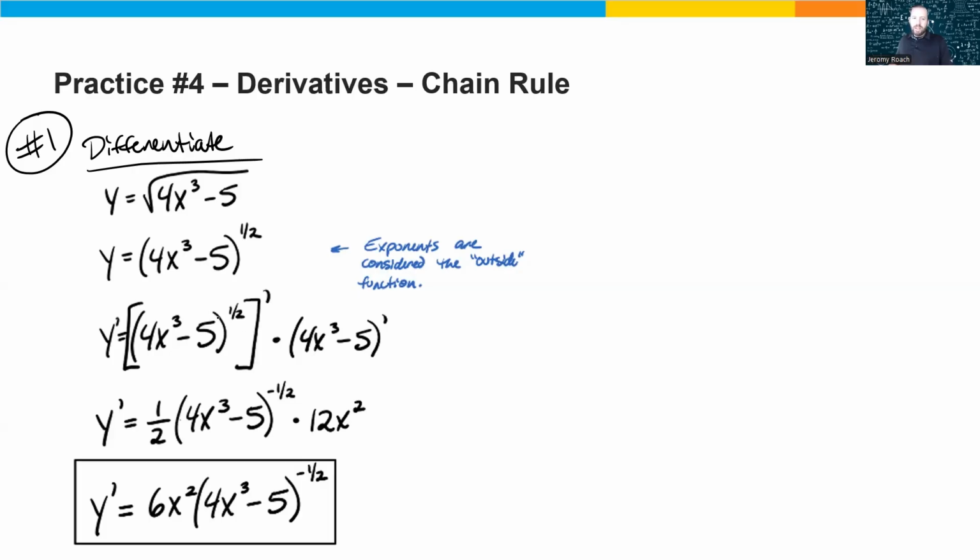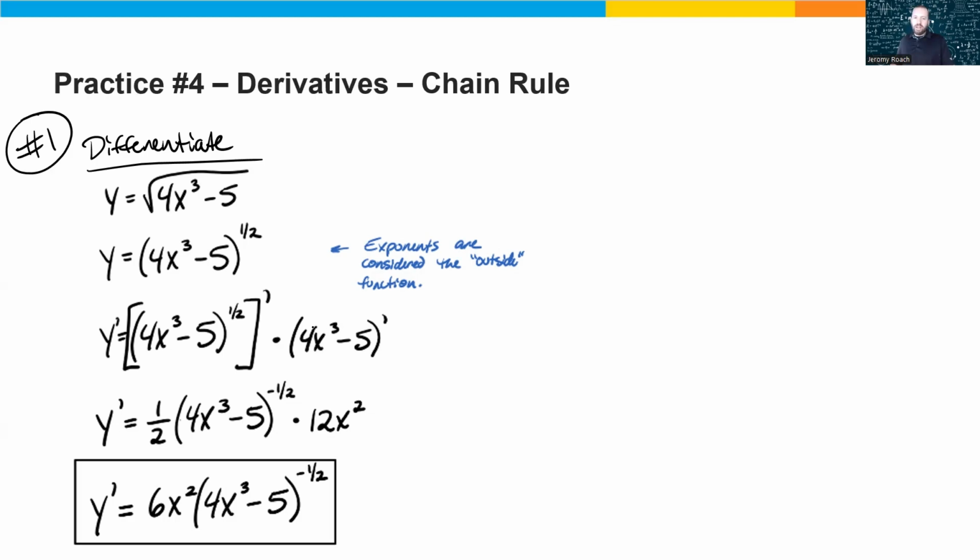So we use the power rule, and we take the 1/2 and bring it to the front for the first part. We subtract by 1, and that leaves us with an exponent of negative 1/2, because we had 1/2 and we're subtracting 1. So 1/2 minus 1 is negative 1/2. Now we want to find the derivative of just the inside portion of our parentheses. And so when we do that, that's 4 times 3.